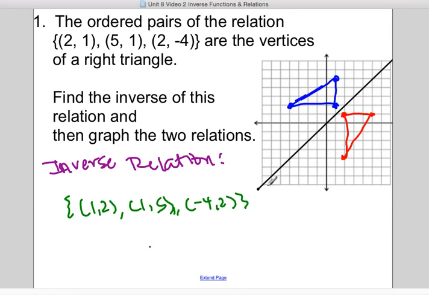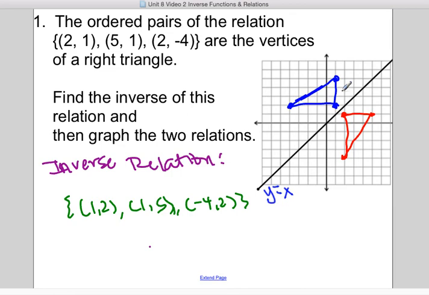So one thing to note is that for inverses, they are symmetric across the line y equals x. If I divide my paper in half diagonally this way, it would match up. So that's one thing to note about inverses.